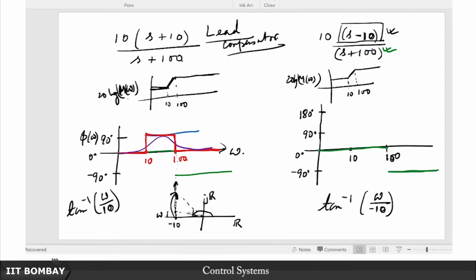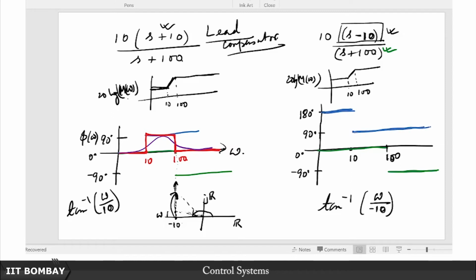So the presence of this non-minimum phase 0 is causing a reverse direction rotation of the phasor. In the earlier case, the phasor was rotating in the counterclockwise direction as omega increased due to this factor. But here it is going to rotate in the clockwise direction. So what color did I use? Blue. Until 10, you draw the low frequency asymptote, and then from there on it starts going in this fashion.